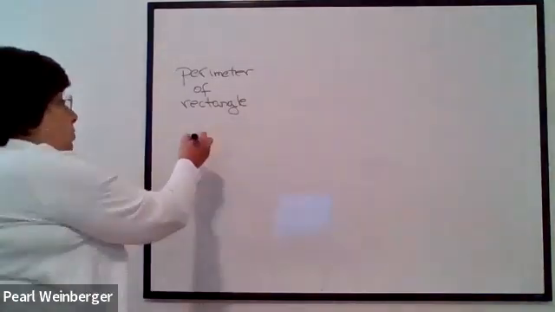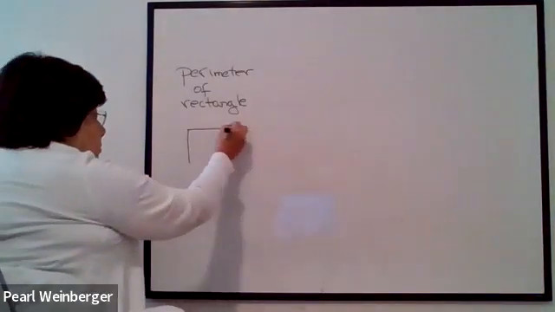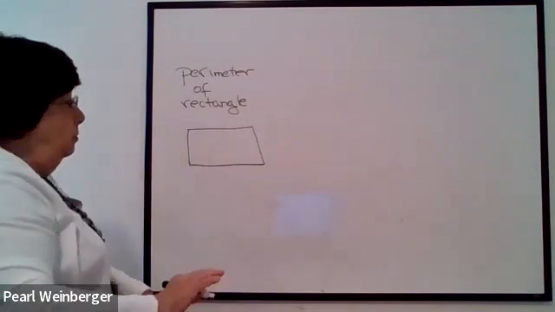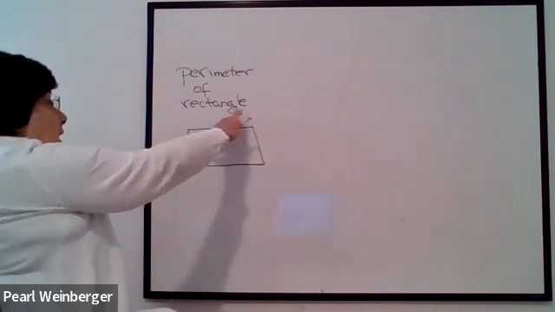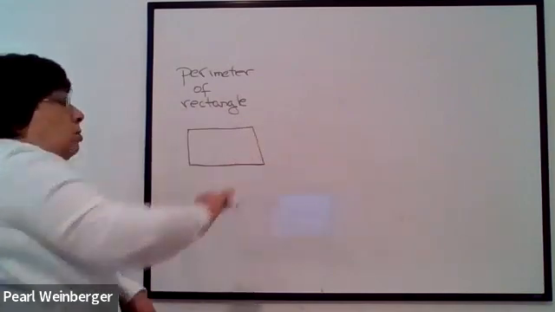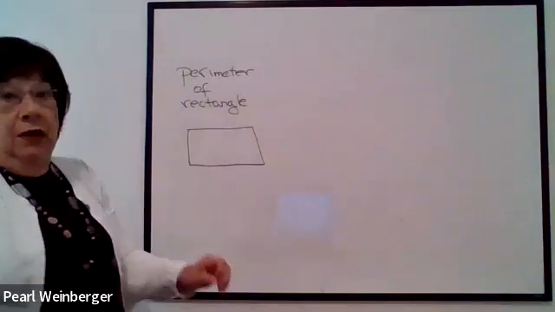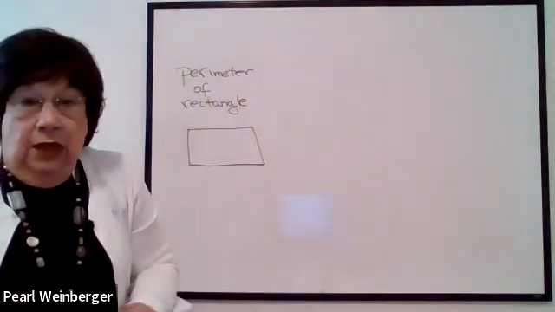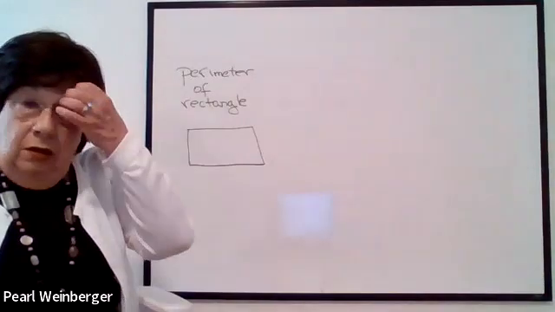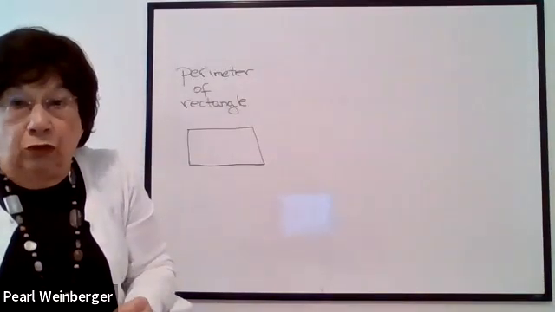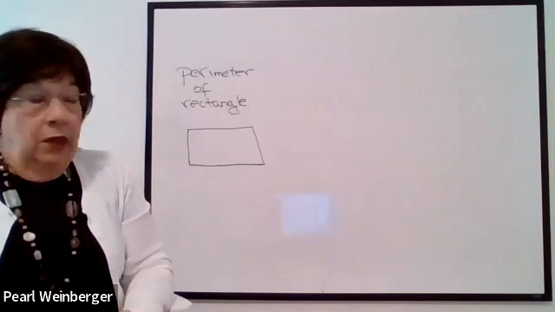When we talk about the perimeter of a rectangle, here's a rectangle. It means how much is it all around the rectangle. If you wanted to make a fence around a backyard that is a rectangle, you would be looking for the perimeter of the rectangle.